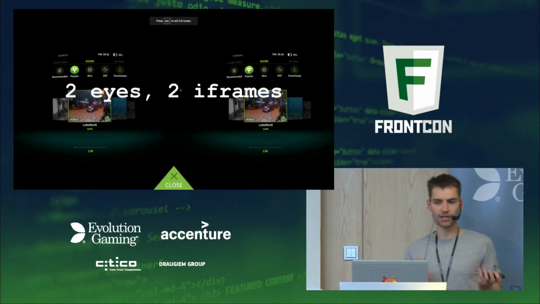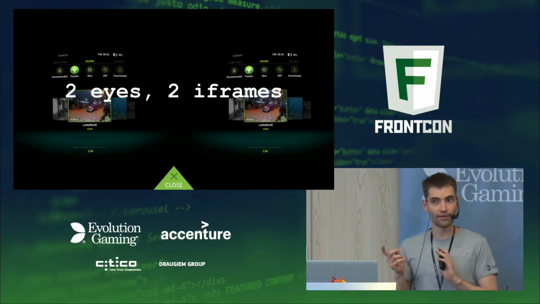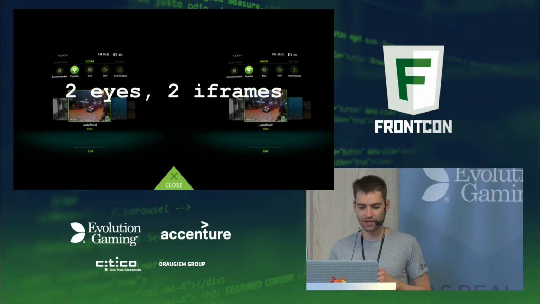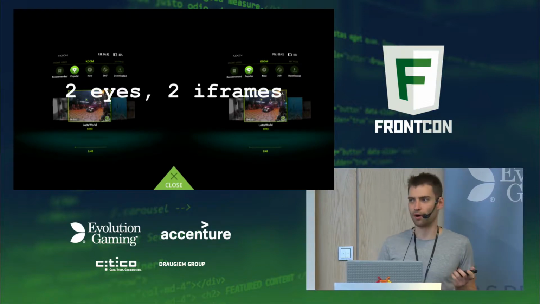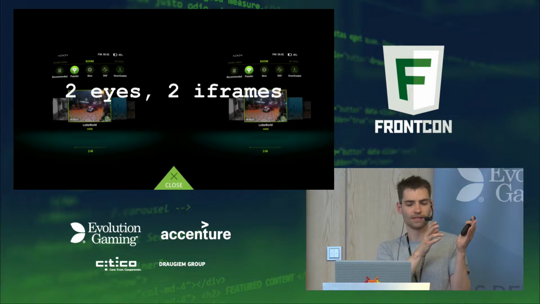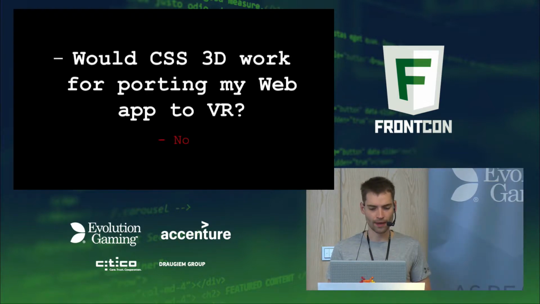So potentially we can do two eyes, two iframes, which is also a nice play on words, eye and iframe, and it might work. On one eye we put the CSS 3D scene with one angle, and on the second eye another, and actually there are a few problems there.